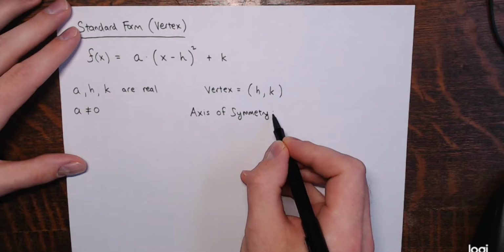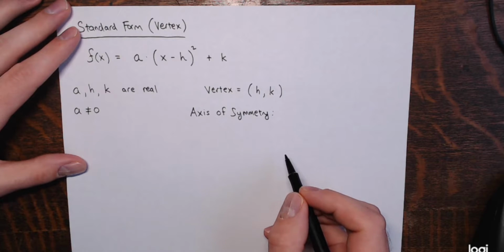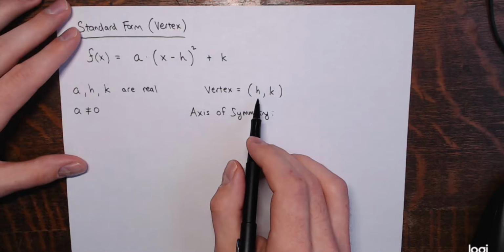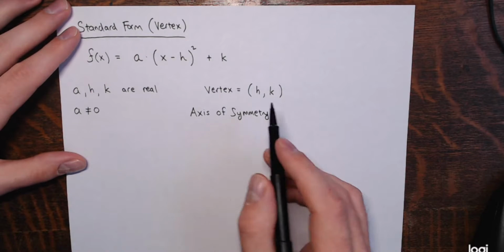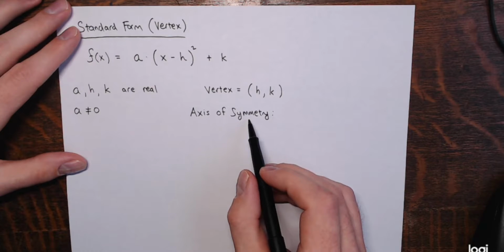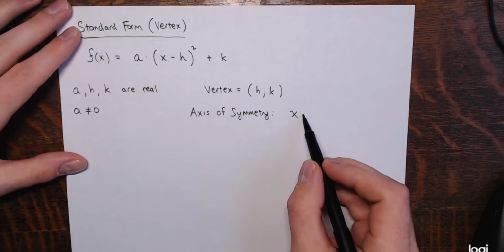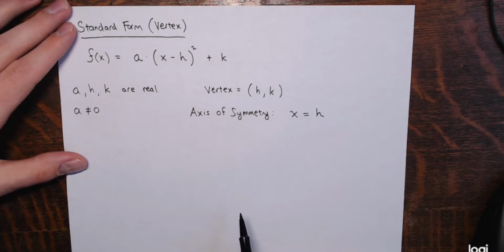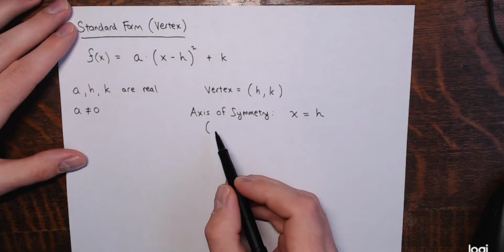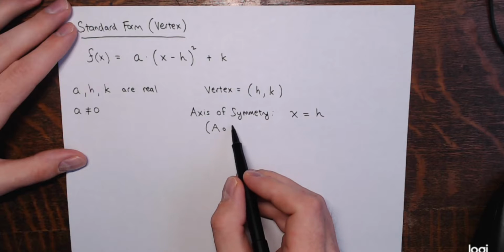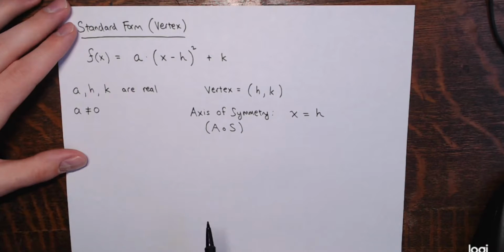The axis of symmetry is the vertical line that goes through the vertex and cuts the parabola in half. If you reflected the graph across this line, you wouldn't change the look of the graph at all. It's just x equals the x coordinate of the vertex, x equals h. For the rest of the video, I'm going to be abbreviating axis of symmetry as AOS.